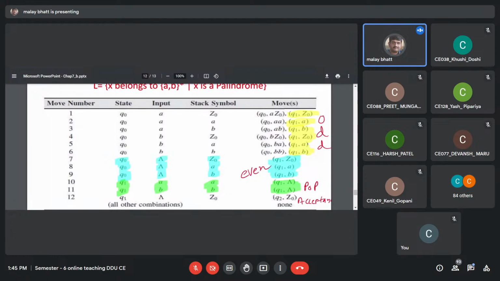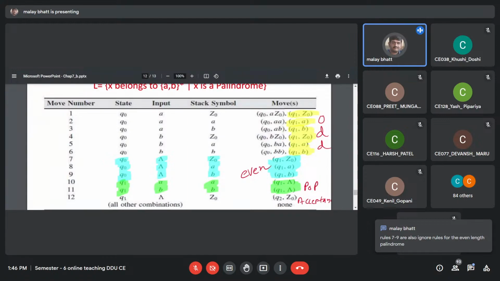So this 7, 8, 9 are also, right, rules 7 to 9 are also ignore rules for the odd or even length palindrome. Right?